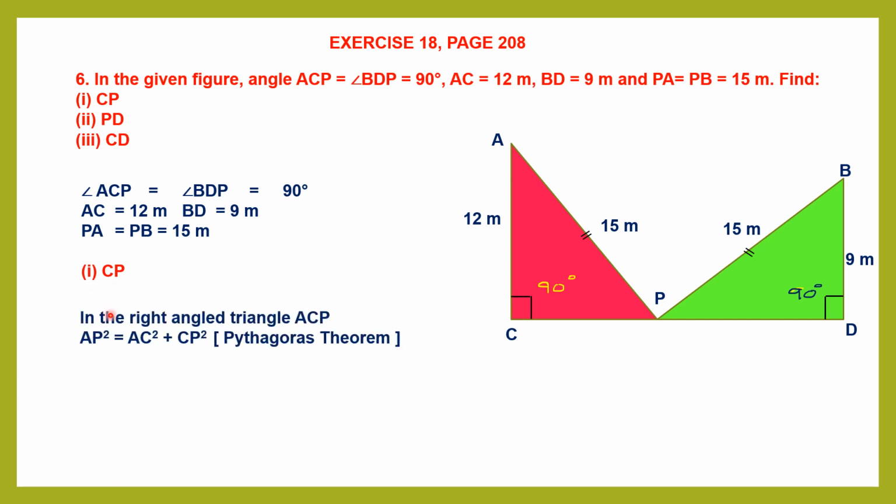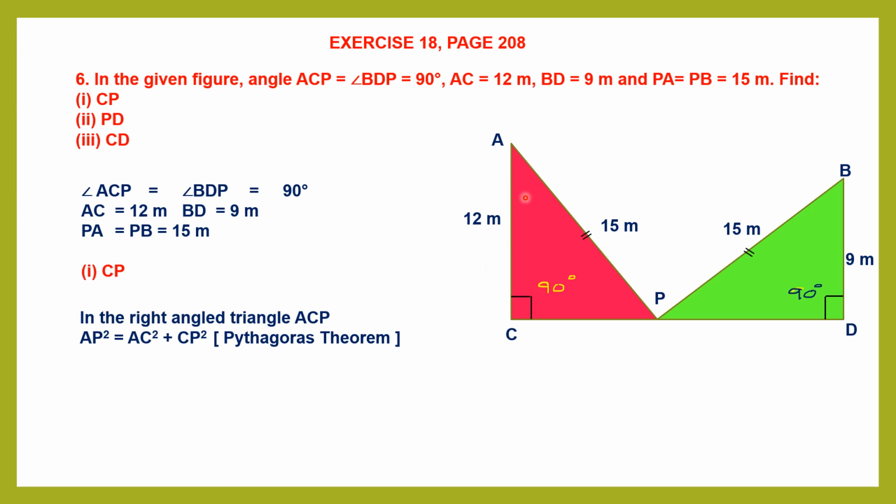So now in this right-angled triangle ACP, AP square, that is the hypotenuse square, is equal to AC square plus CP square. How do we get that? That is based on the Pythagoras theorem. Now we are going to substitute all these with values wherever it is applicable. Now AP square.